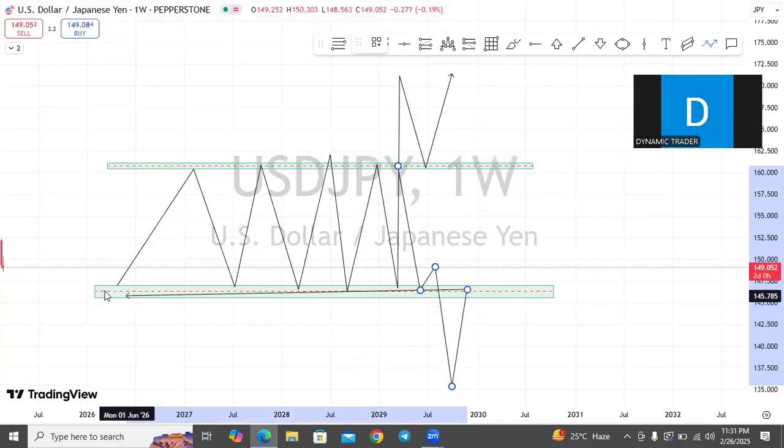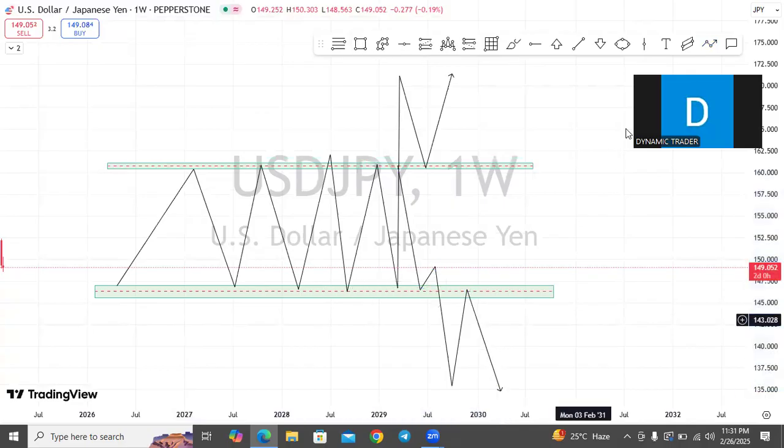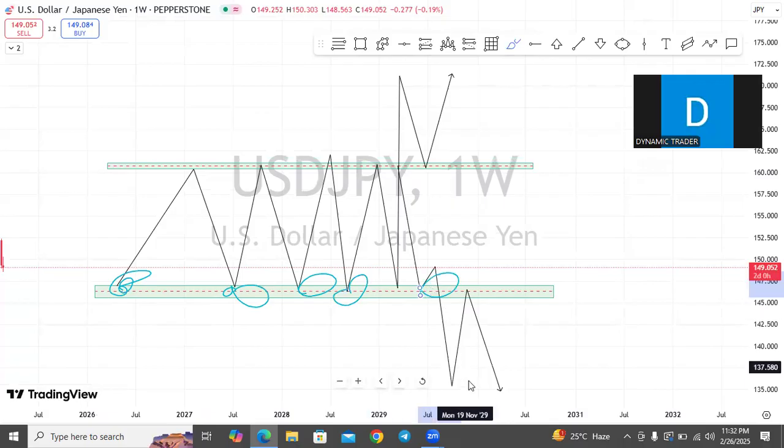Retest this structure, this support area, then sell to the downside, because you can see how many times it touches this region, here, here, here. It made multiple touches until it broke below it. So it's expected that you wait for it to retest here, then you sell to the downside.